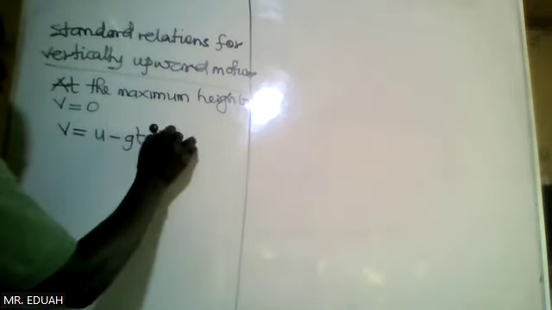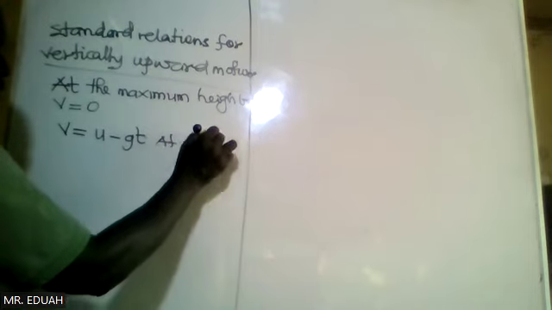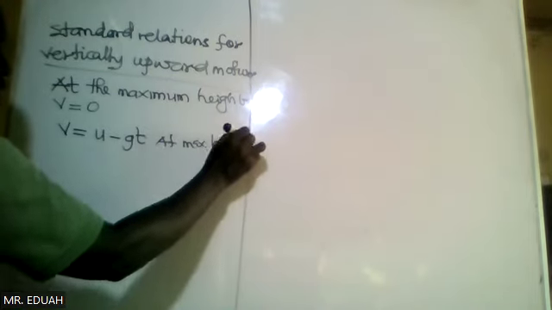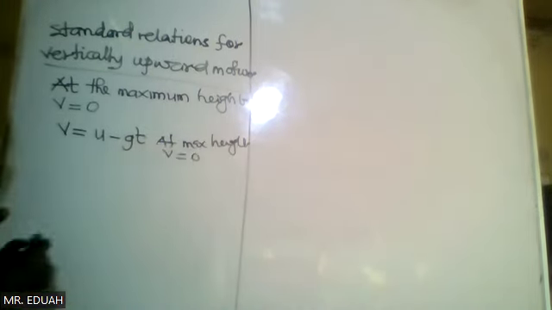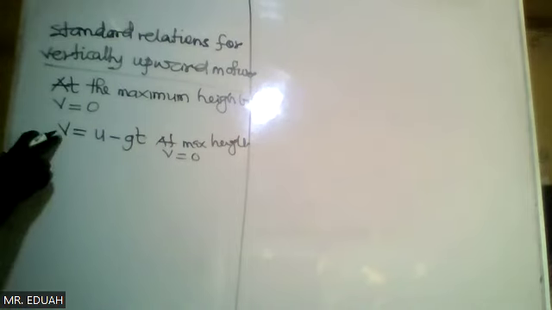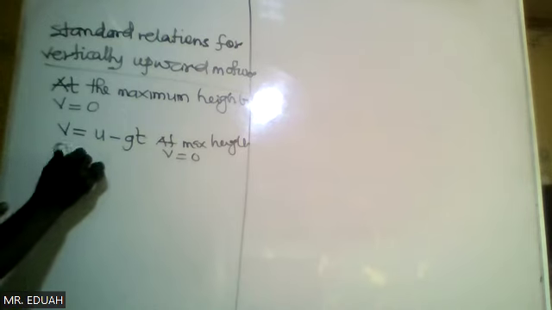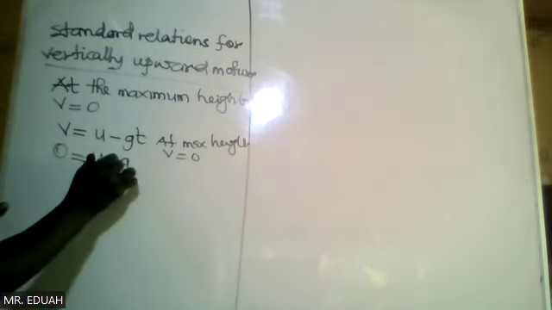At maximum height, v is 0. So if v is 0, then put 0 in place of this v. So we have 0 is equal to u minus gt.